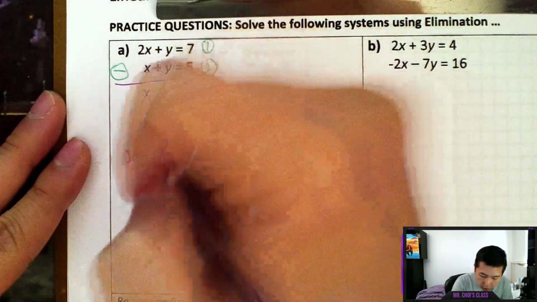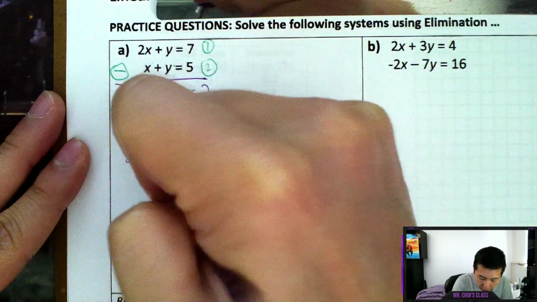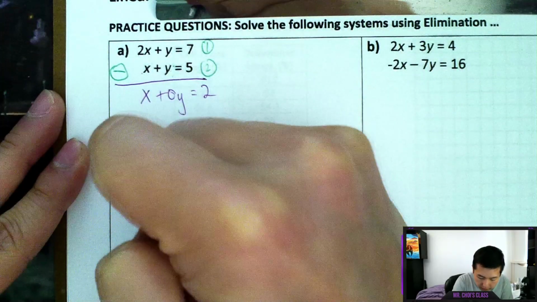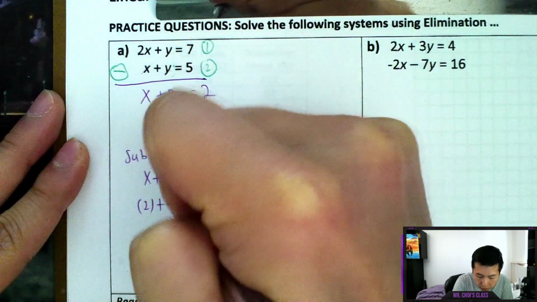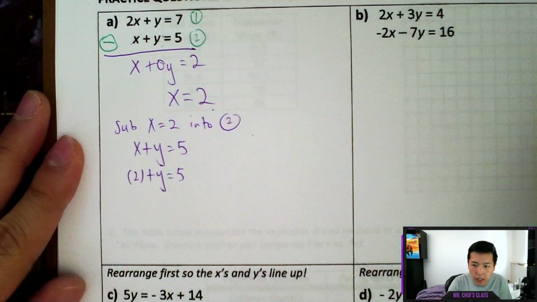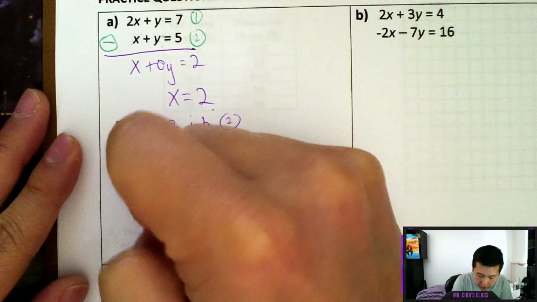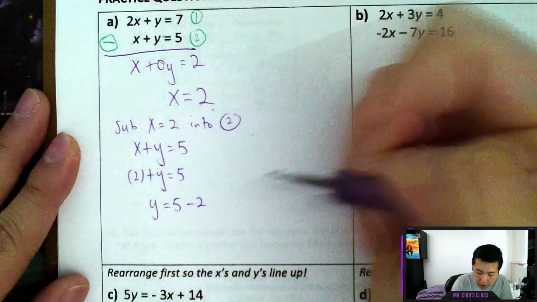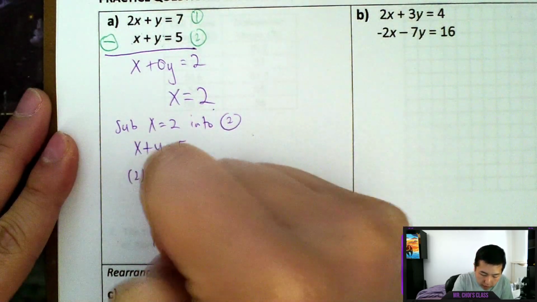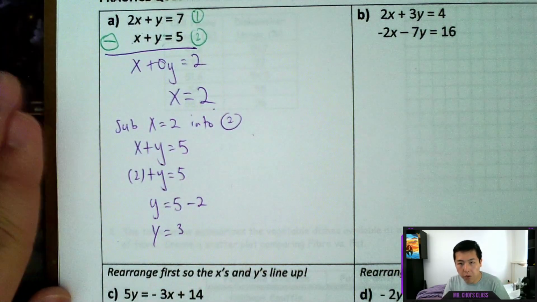Okay? So I'm going to plug it in. So we have equation 2 as x plus y equals 5. I'm going to replace x with 2. That gives me 2 plus y equals 5. And I can move the 2 to the other side. It's going to give me minus 2. And I get my final answer of y equals 3.